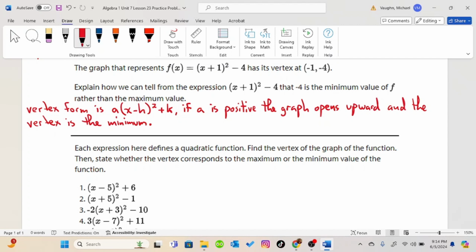If you have any questions about how to use the vertex form to determine whether the graph opens upward or downward, and whether the vertex is the minimum or the maximum, please ask for clarification now before we begin the last practice problem.